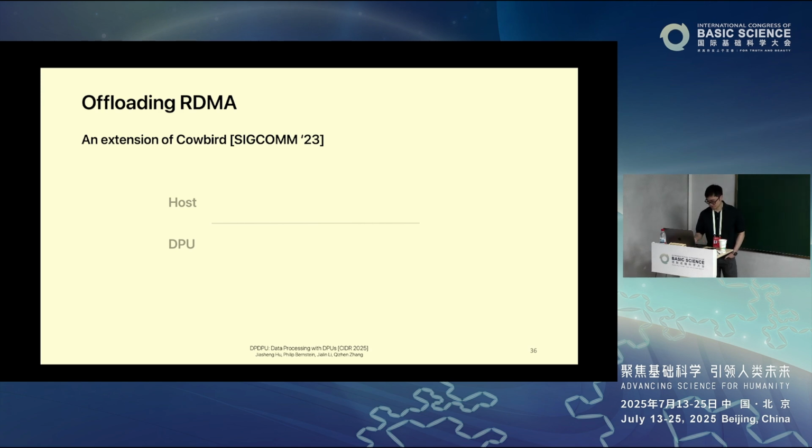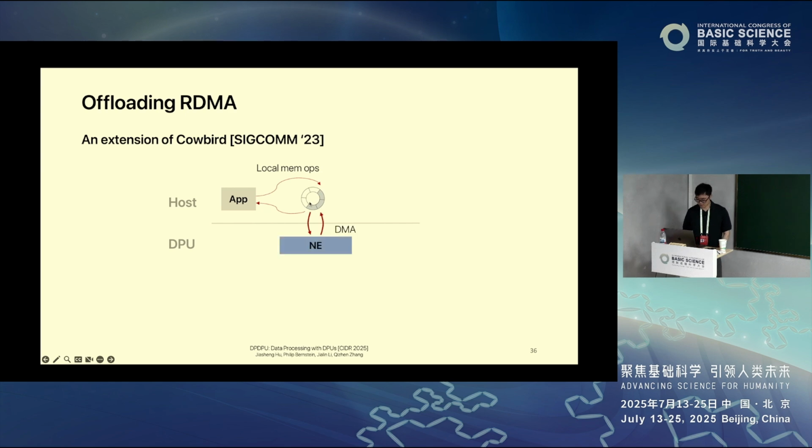So in DPU, our idea is that on the host machine, the application will not execute the RDMA protocol. Every time they want to do RDMA, they just post their request on a local memory data structure.